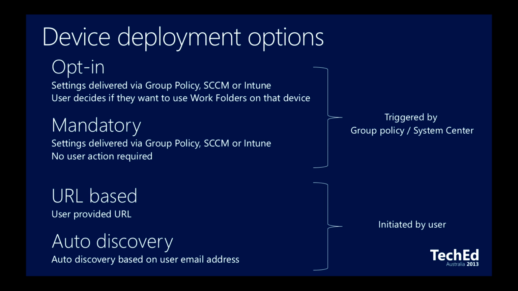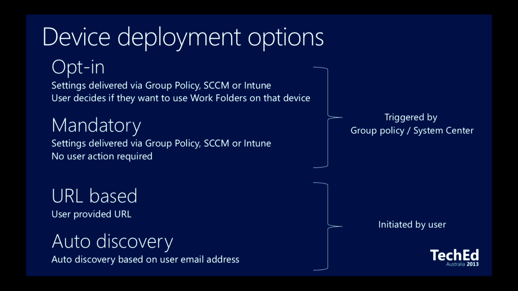So I mentioned there's a whole bunch of clients that you can use to use work folders. One is a domain joined machine, and if your computer's domain joined, you then have the option of group policy to configure work folders for the users, whether you make it really simple for them or make it mandatory for them to set it up. You can also use SCCM and Intune. I showed you before how you can set up URL-based, so you actually send the user an email. This is the URL you type in here. We haven't set up the external one.